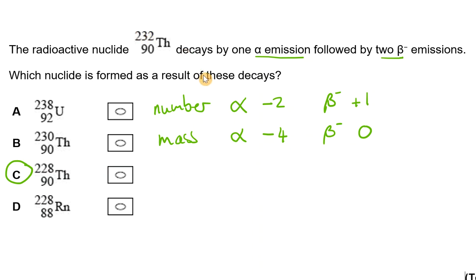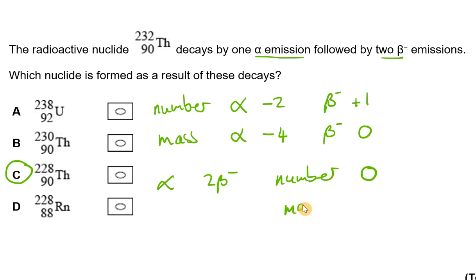So let's have a look. If we've got 1 alpha and 2 beta minus emissions, the atomic number is going to be minus 2, and then 2 plus 1s, so the atomic number is going to be unchanged.